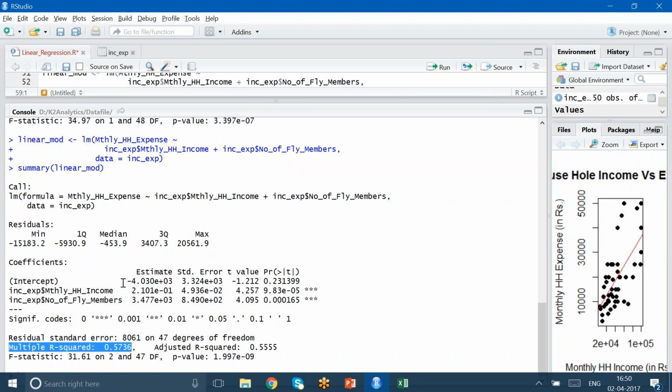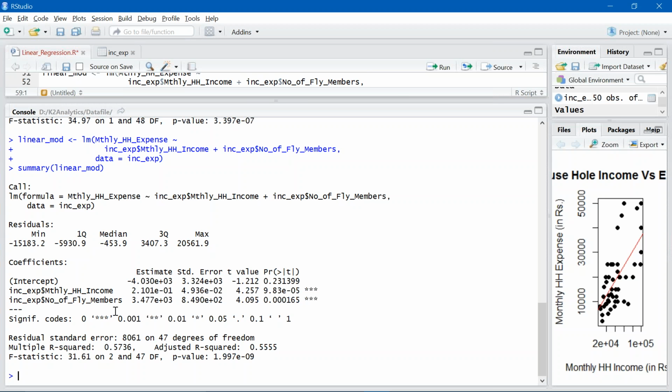If you take this equation, y means expense. Expense is equal to minus 4.0 e raised to 03 plus 0.2101 times income plus 3477 times family members.